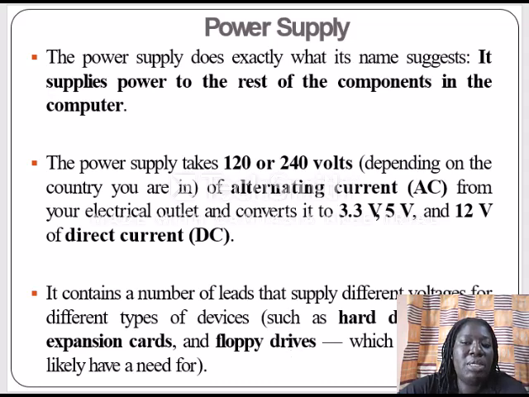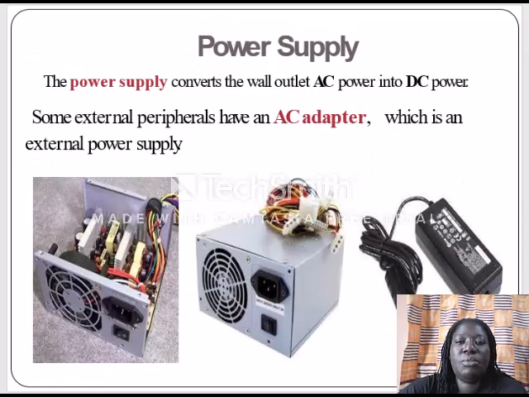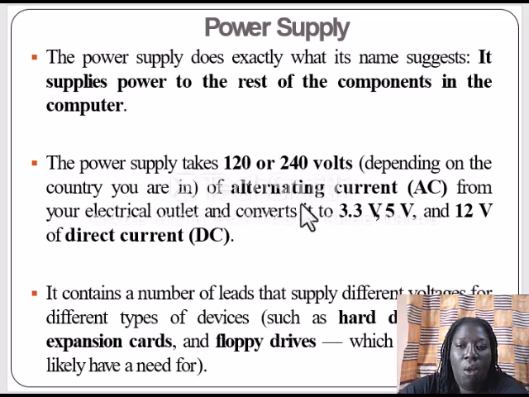So that is the work of the power supply. It converts the wall outlet's AC power into DC power. When I say AC power, I mean the alternating current from your electrical outlet, and DC is the direct current.